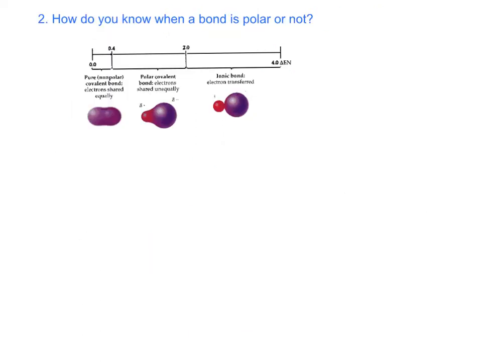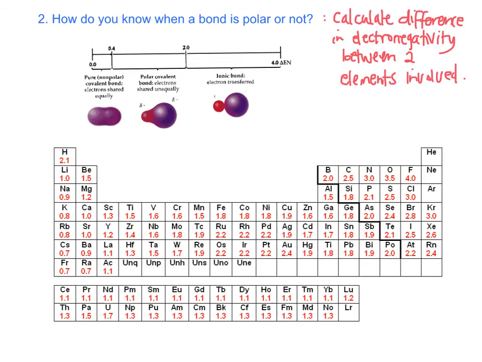So the question becomes, how do you know when a bond is polar or not? The way to know is to look at the difference in electronegativity between the two elements involved. How do you know the electronegativity values? Well, I'm going to give you a table that looks very similar to this table right here.